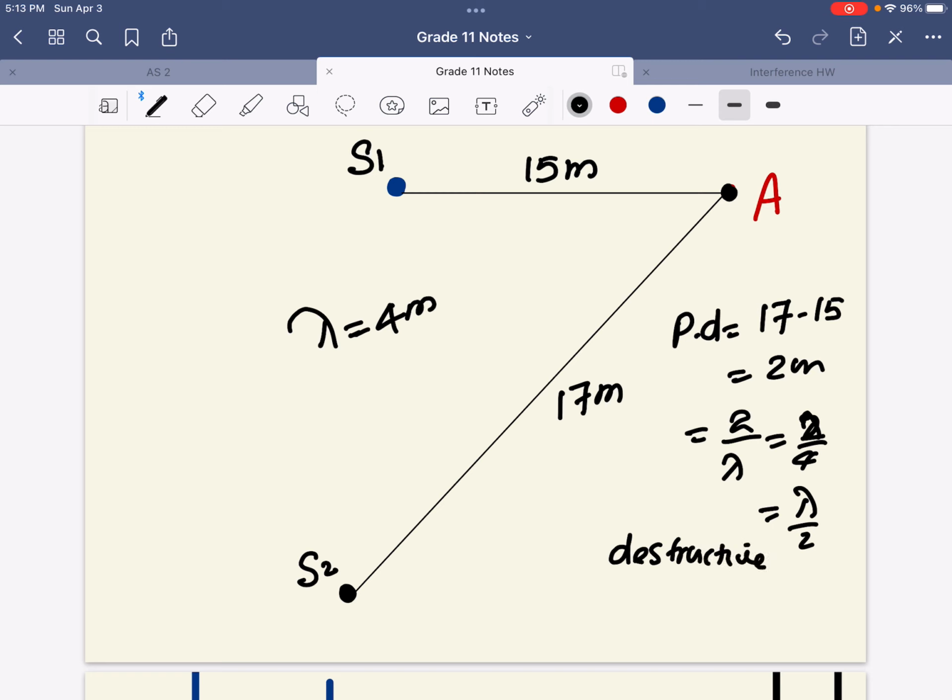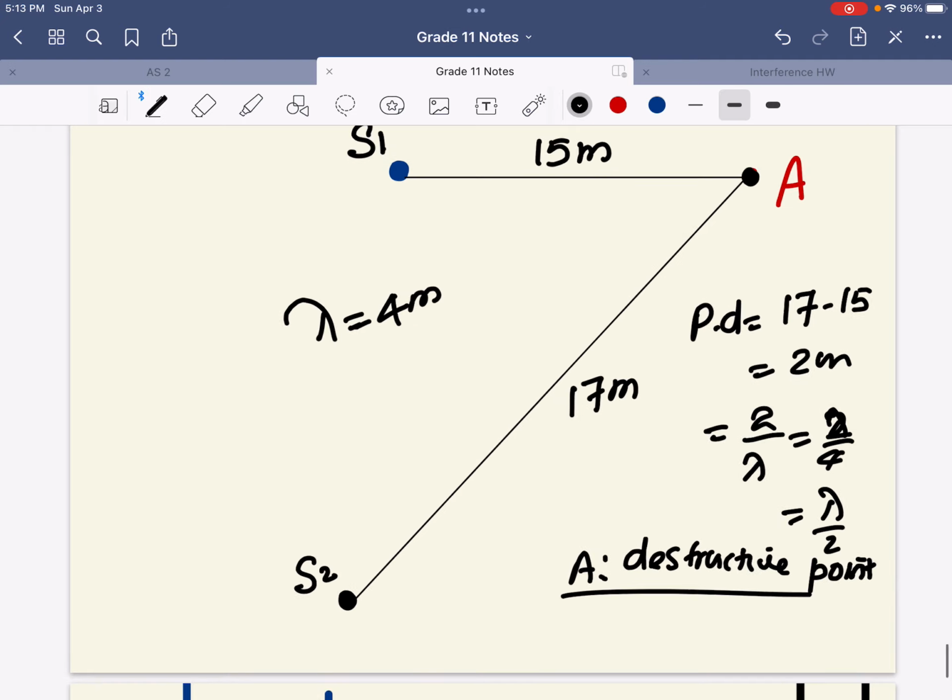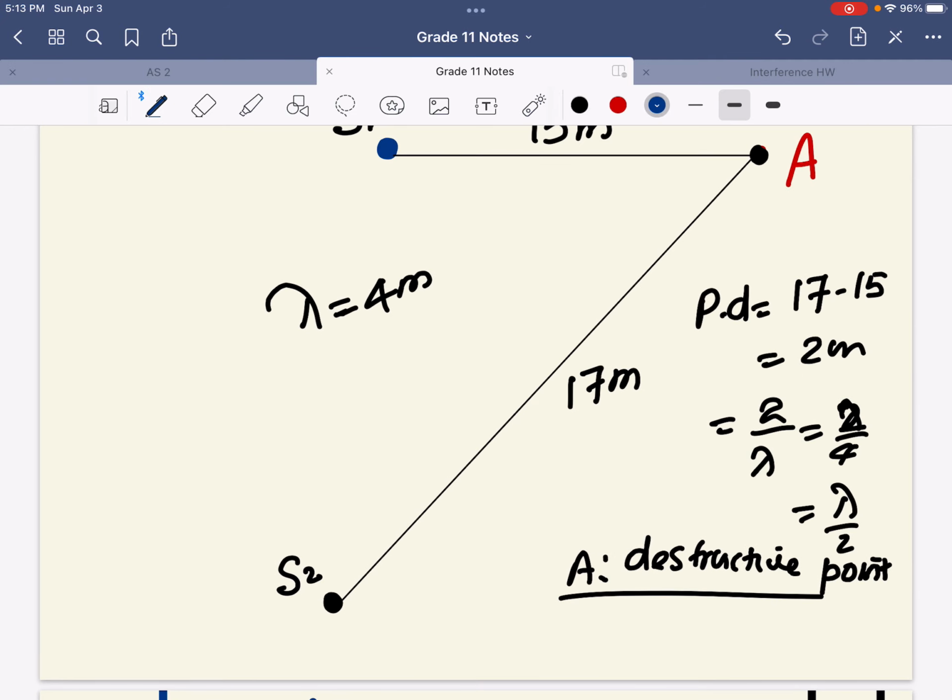Now this is a very technical point. Point A is a destructive point, but destruction is described in different words depending on the wave. For example, in sound waves, destructive places are called silent places.